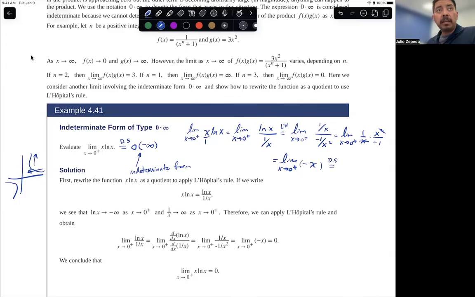There isn't even a fraction anymore to worry about, so this is going to be the opposite of 0, or just 0. Nice. So again, I want to mention that 0 times infinity doesn't always come out to be 0, so we do have to be careful. Don't just assume because this one came out to 0, they all have to come out to 0. No, that's not true.